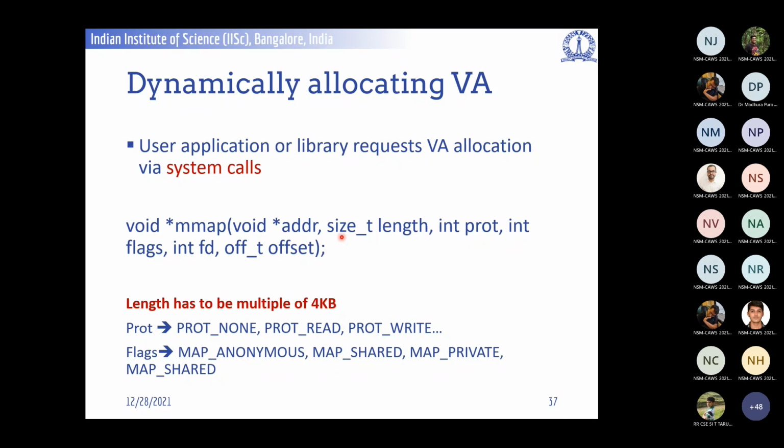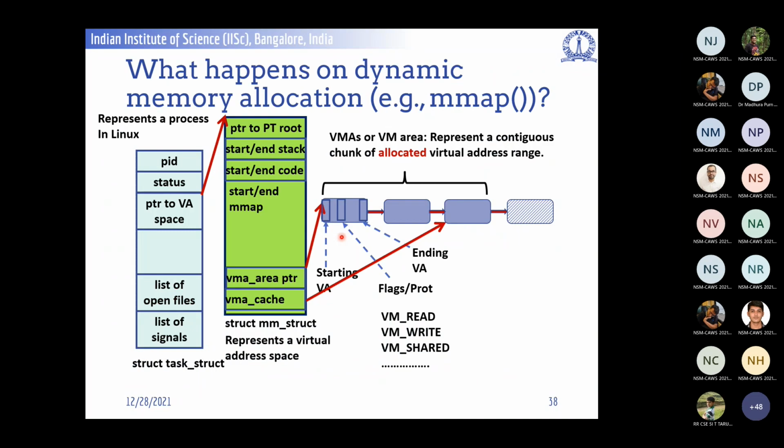Once Linux gets this mmap system call, it goes and updates this linked list and notes down that another region of virtual address space within the process that invoked the mmap system call is allocated. So it will go to that process's mm_struct, find this VMA area, and then it can either extend one of the existing virtual address regions, or add one more node, based on whether it can keep it contiguous or not.